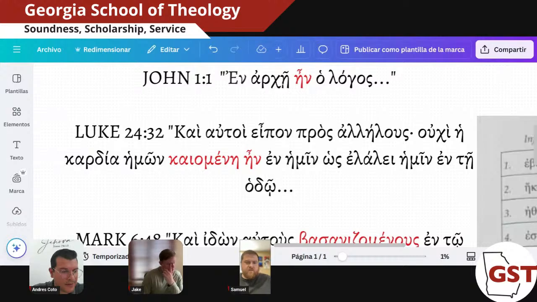The imperfect, active indicative. Yes, you're right. It's that third singular again: he, she, it was. So kaiomene en would be translated as "was burning," which shows the continual action during the conversation.